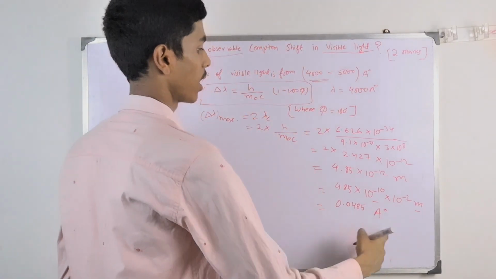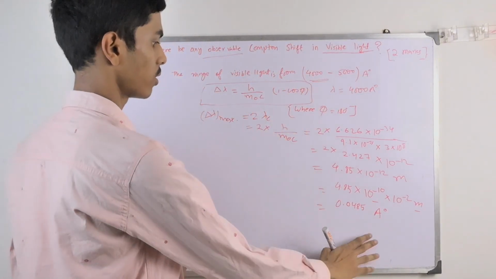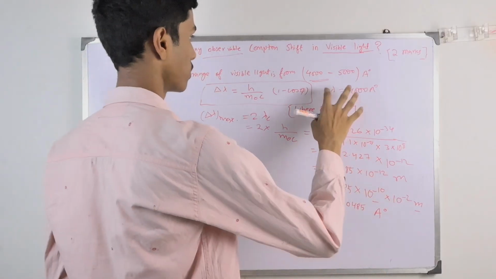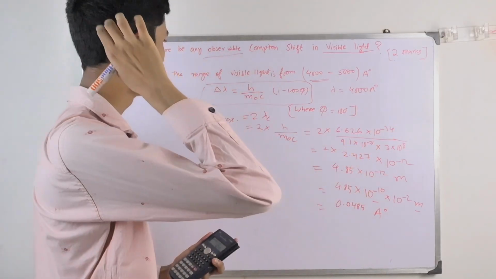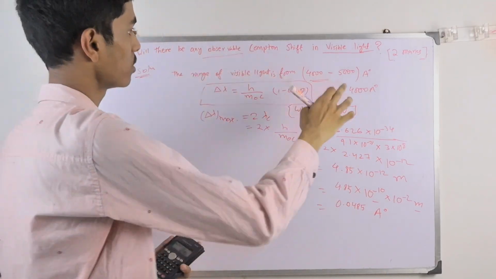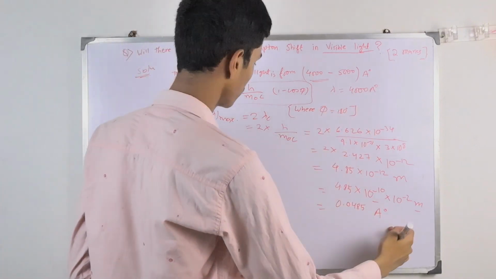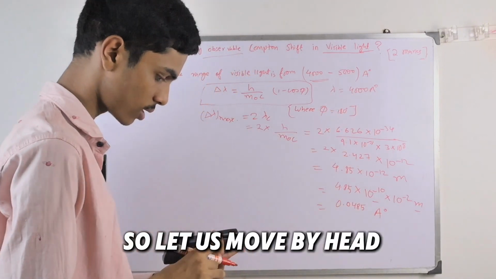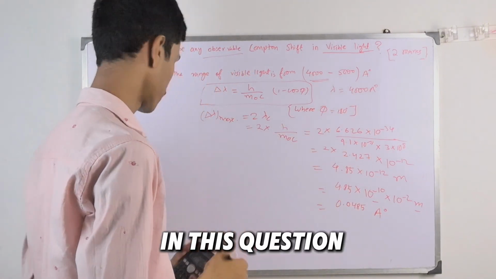So it is in Angstrom format. We got this value, and we have the lambda value to be 4000 Angstrom. This is given in the question and we have derived this. So let us move ahead in this question.